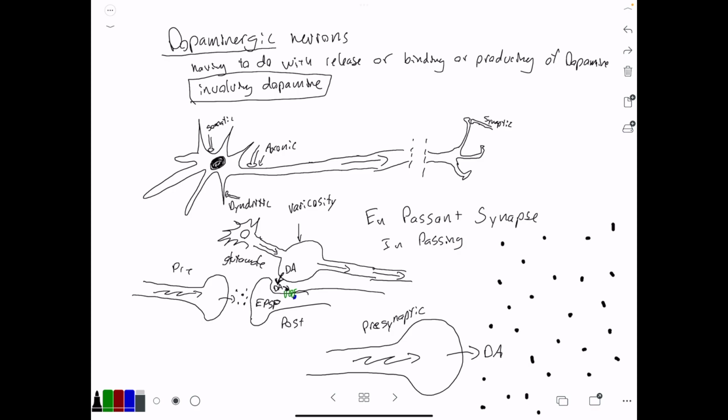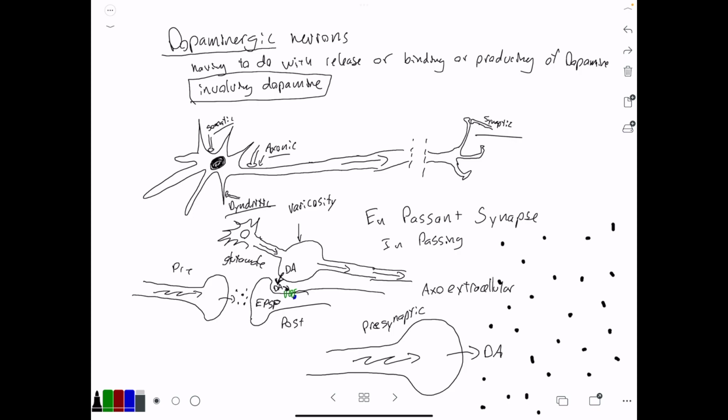Sorry, I kind of filled that up with lots of dopamine, didn't I? And so what do we call this? Pretty easy to remember if you remember these four up here: axosomatic, axoaxonic, axodendritic, axosynaptic. We also have extracellular.